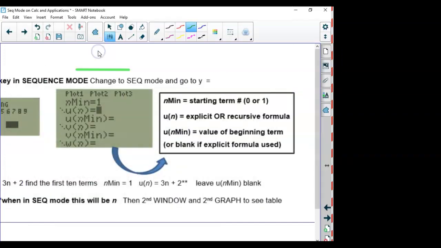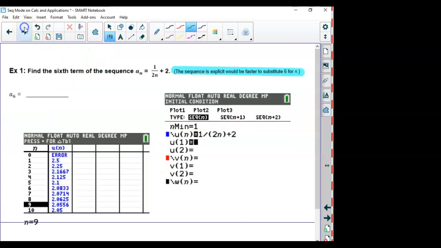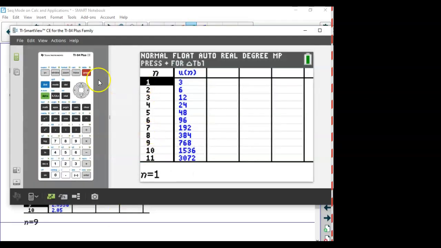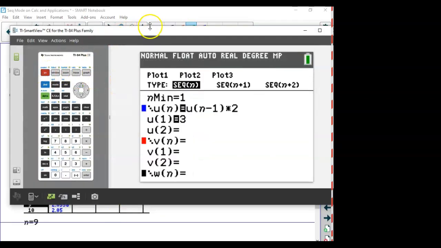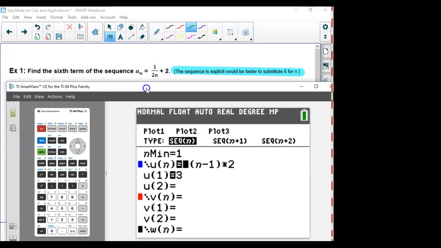So we are going to do some problems here, I think. It says find the 6th term. Now, these are horrible examples. I wish I had done this differently and redone this worksheet because when I went to key it yesterday, I was like, these are not fun. But go back to your y equals, and we're going to type this sequence in.